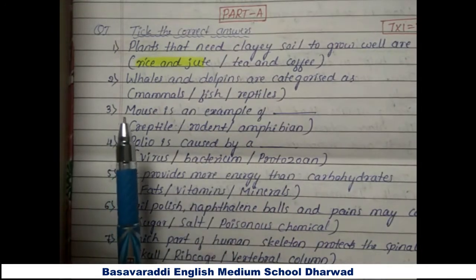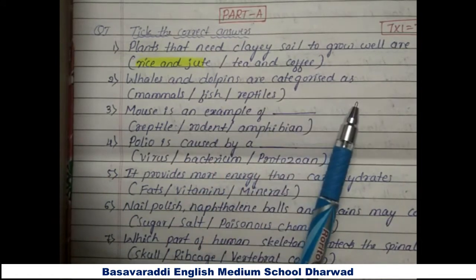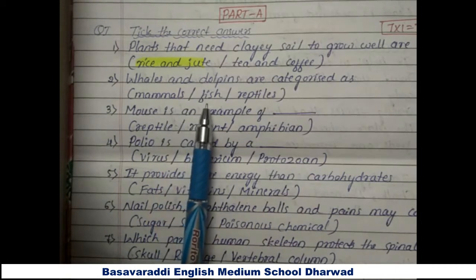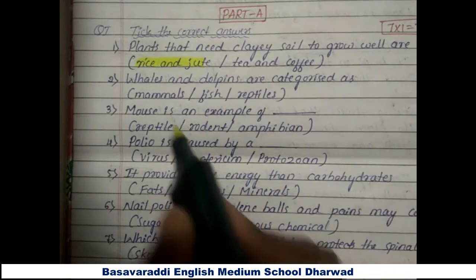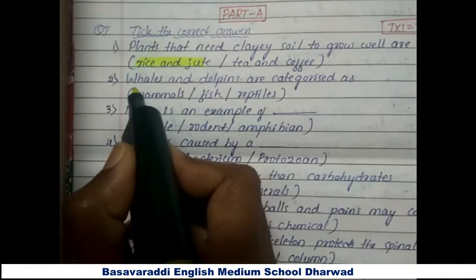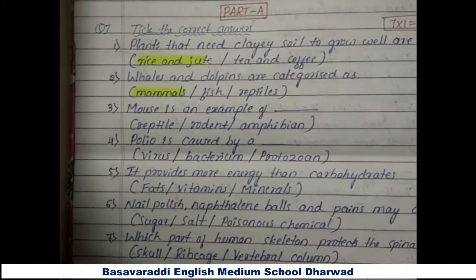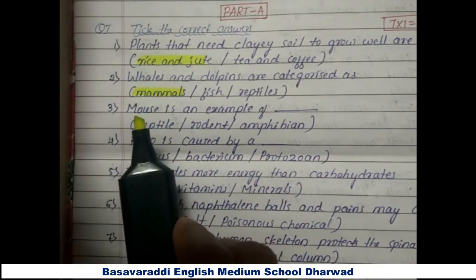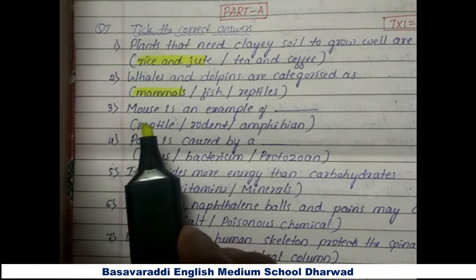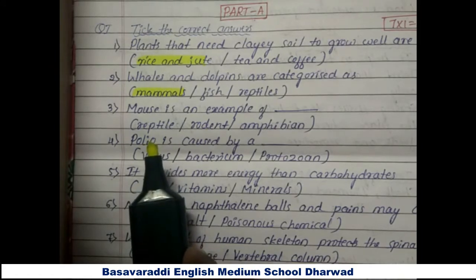Okay, the next question. Whales and dolphins are categorized as mammals, fish or reptiles. Whales and dolphins are categorized as mammals. What is a mammal? It is characterized by the presence of mammary glands which in females produce milk for feeding their young ones.